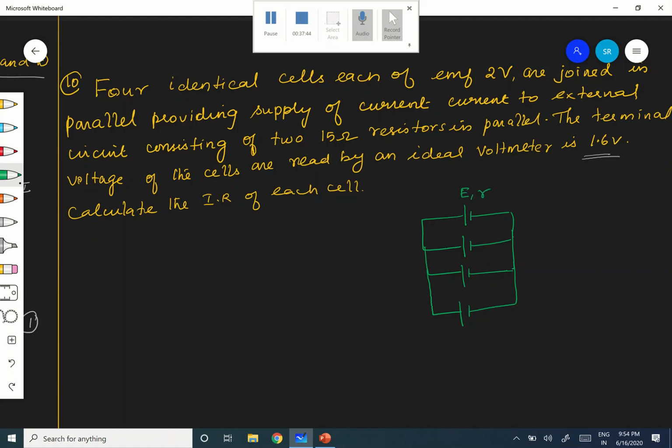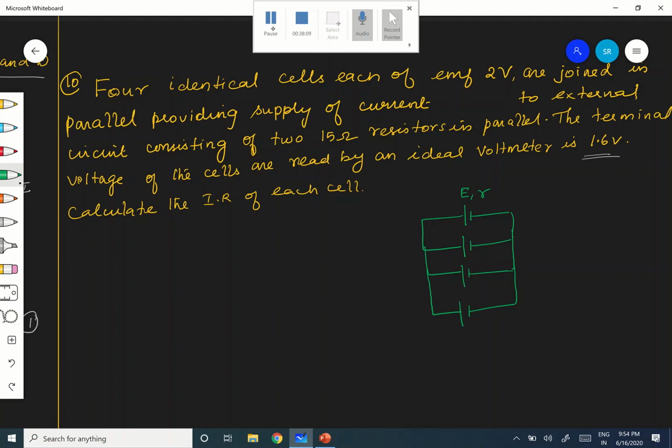This is connected in parallel, providing a supply of current to the external circuit containing two 15 ohm resistors.